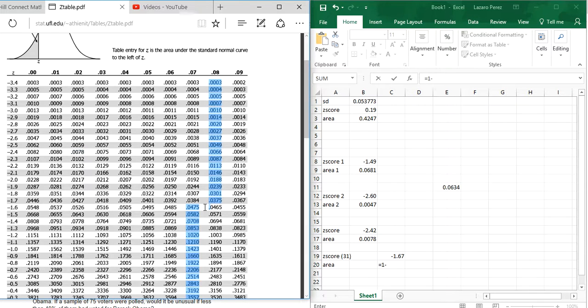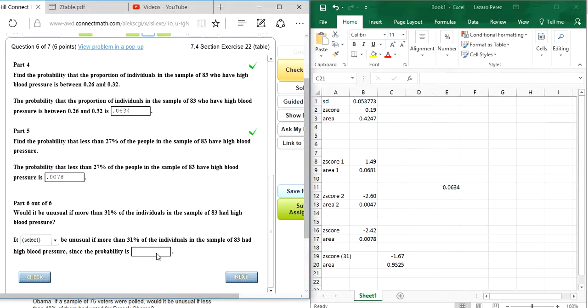So 1 minus 0.0475 is 0.9525. So that would not be unusual, because a value is only unusual if its probability is less than 0.05.